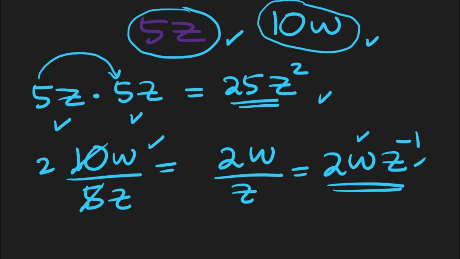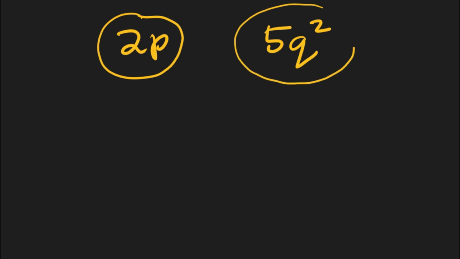Again, I want to stress here that we can get a new algebraic term by using the operation of division also, besides using multiplication. This one is multiplication, and this one we divide. Let's say we have these two algebraic terms, 2p and 5q square.